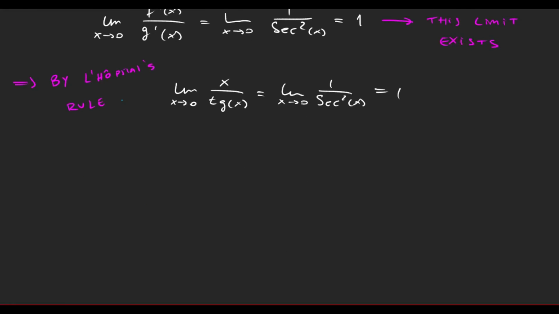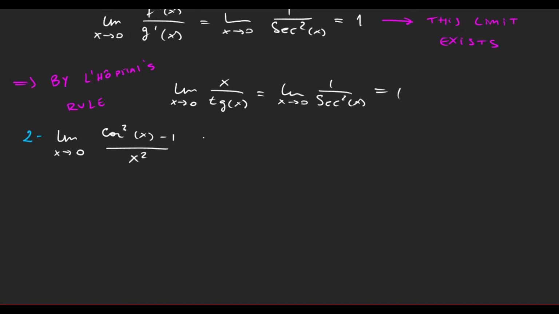Let's look at another example. Now we have the limit when x tends again to 0 of cosine squared of x minus 1 divided by x squared. So when x tends to 0, cosine tends to 1, so we have 1 minus 1 is 0, and x squared also tends to 0.